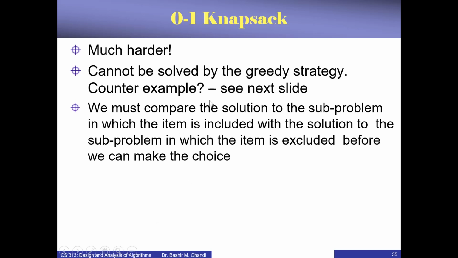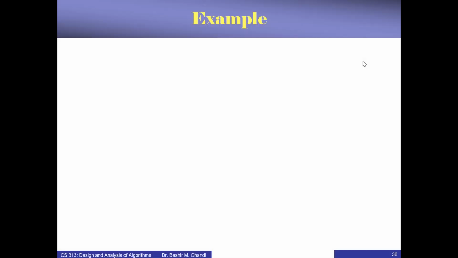Here we must compare the solution to the sub-problem in which the item is included with the solution to the sub-problem in which the item is excluded before we can actually make a choice. We cannot just make a greedy choice in the 0-1 knapsack, as I will show you in the next step. So in this case, we have to apply dynamic programming. We must apply dynamic programming to solve the 0-1 knapsack, although you can solve the fractional knapsack using greedy.